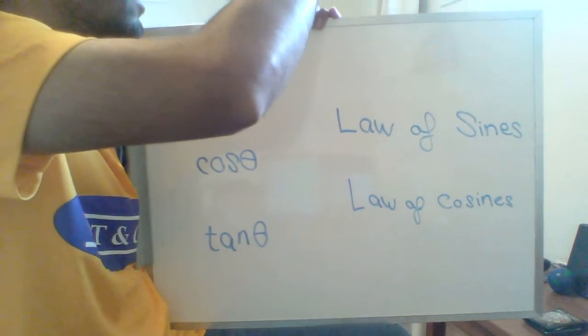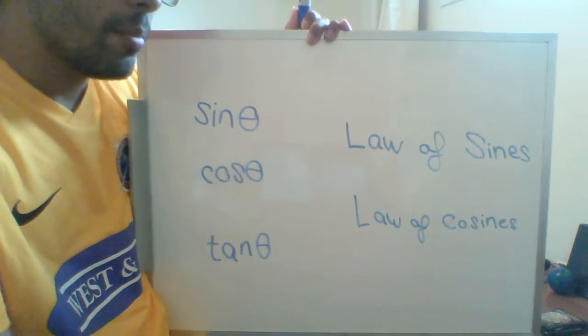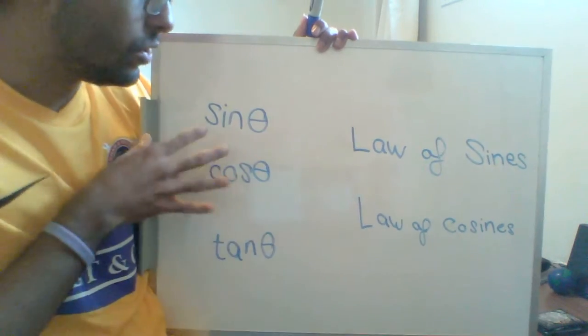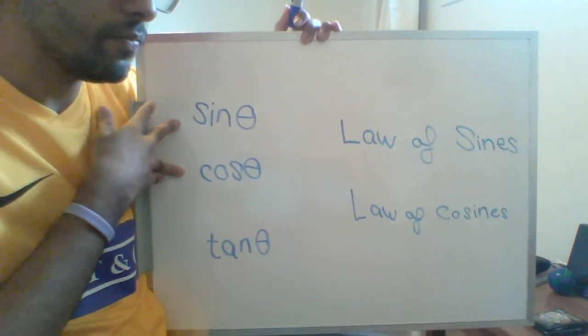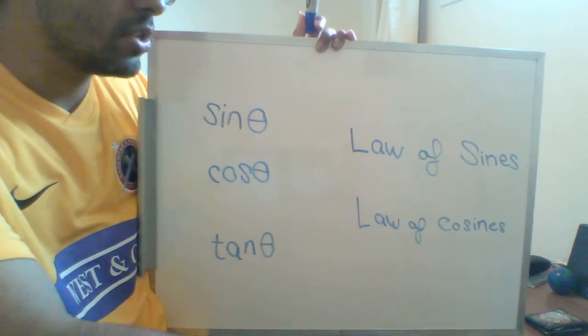These two are a bit lengthier in terms of the formulas, but they allow you to use the properties of sine and cosine in any triangle. So it doesn't need to have a right angle specifically anymore.